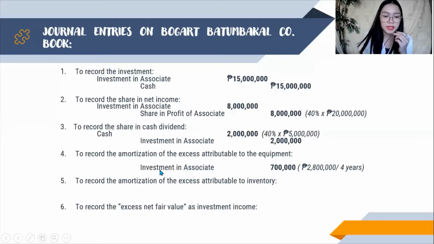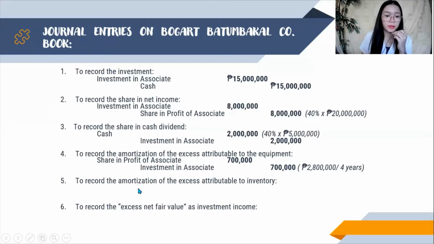So, babawasan natin si investment in associate account natin ng 700,000. At katulad nga dun sa bullet kanina, kung gumawa tayo ng appropriate adjustment sa ating investment in associate na account, of course, i-adjust din natin yung ating share in profit of associate na account. So, we also debit, babawasan din natin yung share in profit of associate natin ng 700,000.